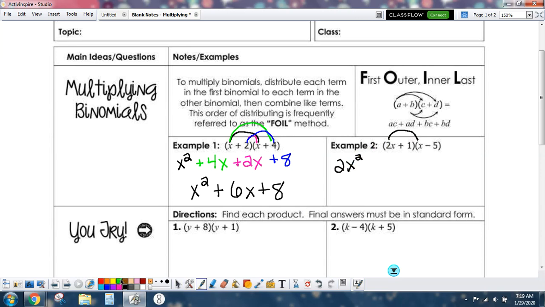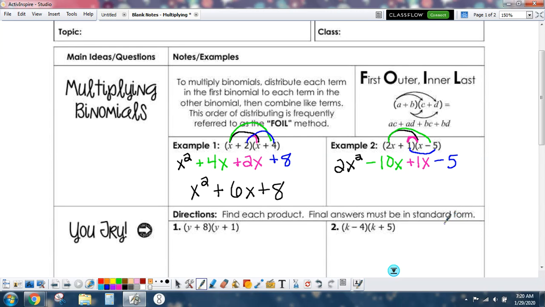Okay, and then we're going to do our outer, and our outer is 2x times a negative 5. 2 times negative 5 is negative 10, and then bring down my x, and then I'm going to do my inner, and do my 1 times x. That's 1x. I'm going to go ahead and write 1x just so I don't forget, and then I'm going to do my last, and that's 1 times negative 5, and 1 times negative 5 is negative 5.